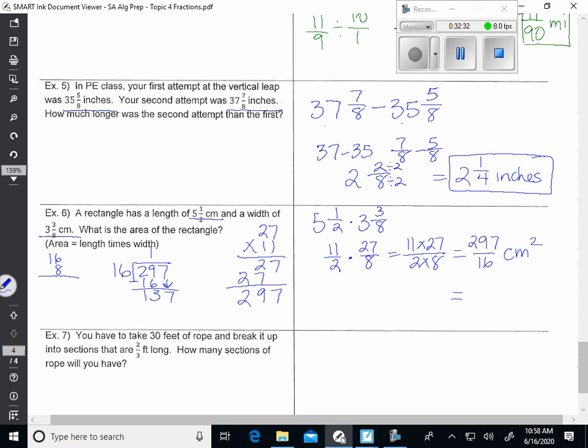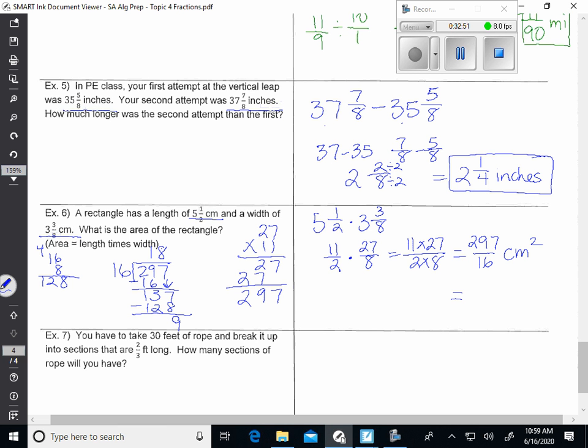So 8 times 6 is 48. 1 times 8 is 8, plus 4, 128. Relatively good guess. 8 times 16 is 128. And you have a remainder of 9.